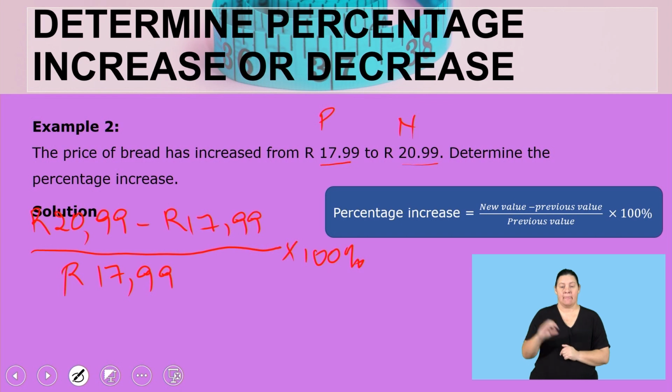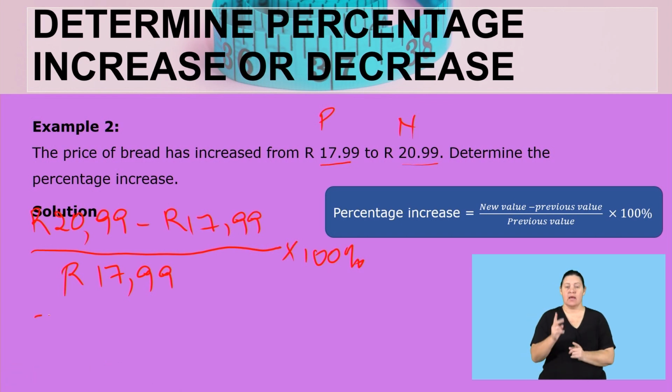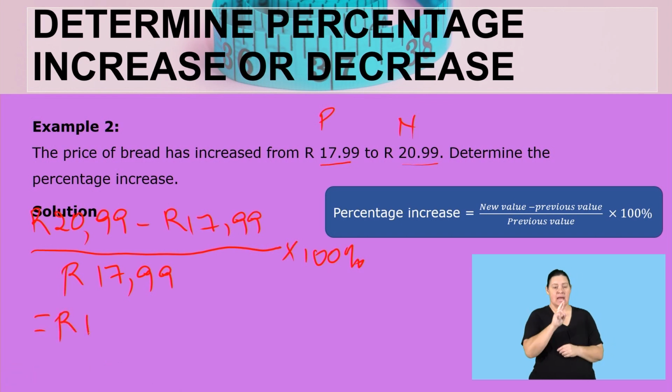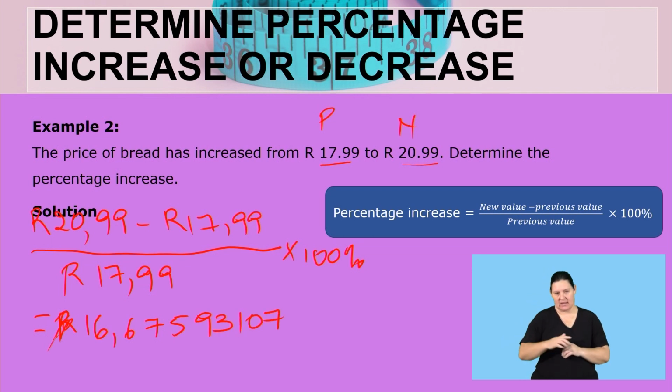And remember not to press the percentage sign. Then the answer I got is 16 rand, no, it's not a rand, it's a percentage: 16,67593107.